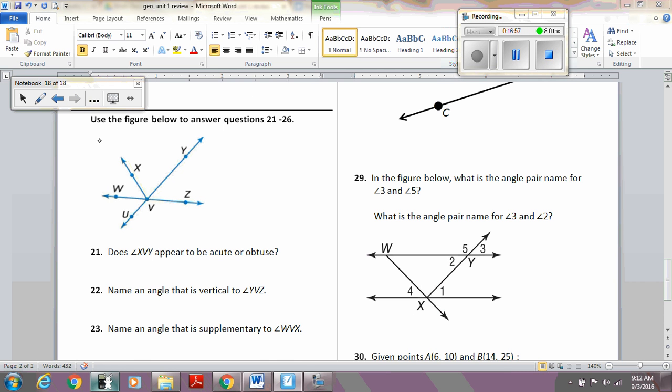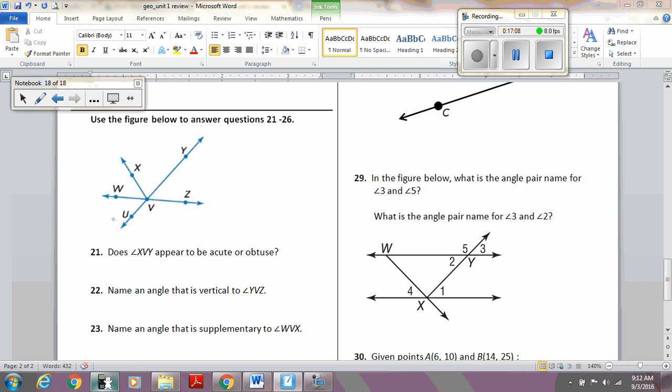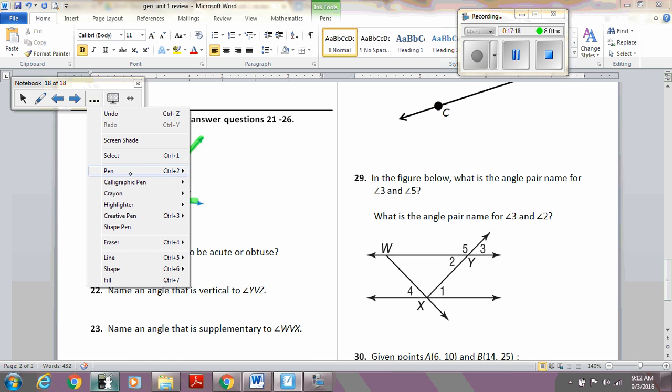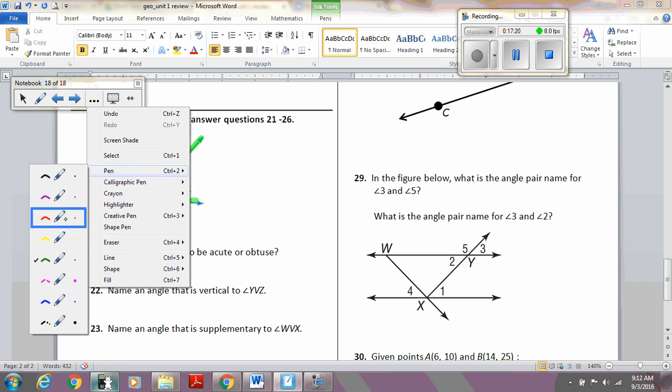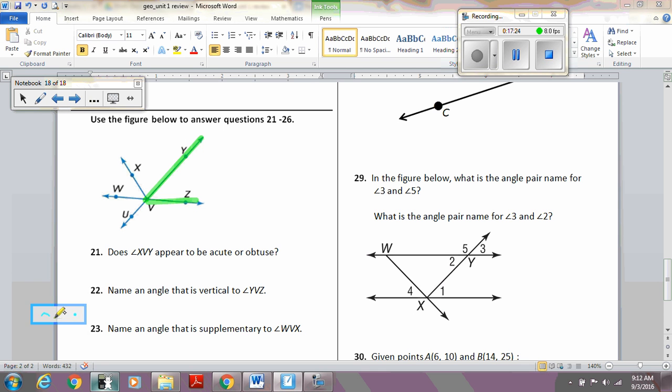Number 22 would like for us to name an angle that is vertical to angle YVZ. So let's highlight that angle. YVZ is this angle here. To be vertical, you have to form a complete X together with another angle.